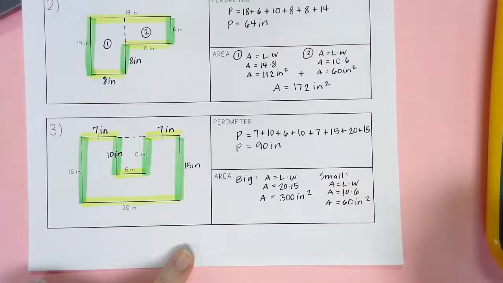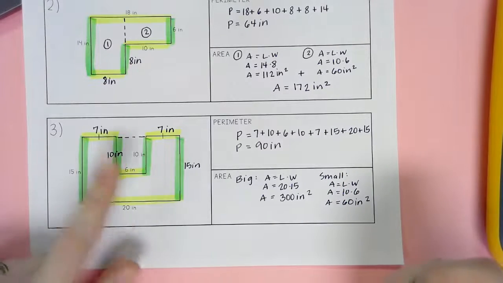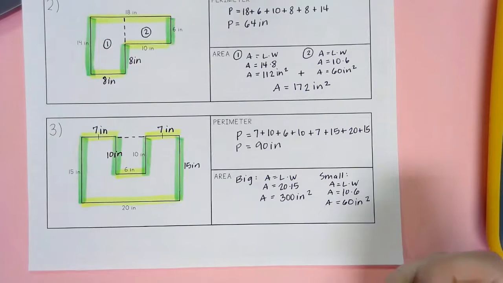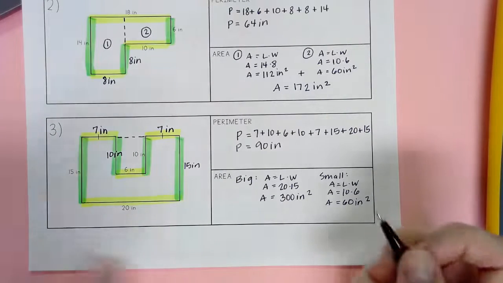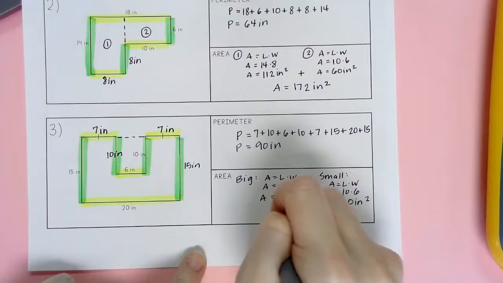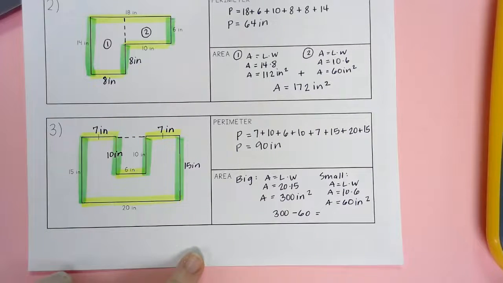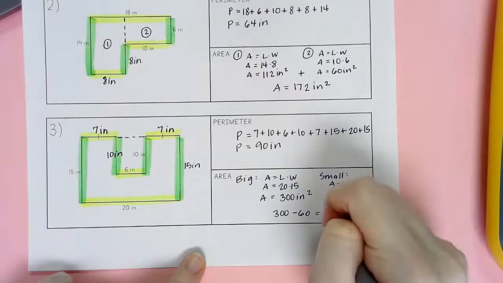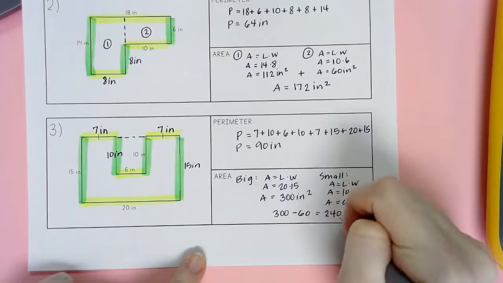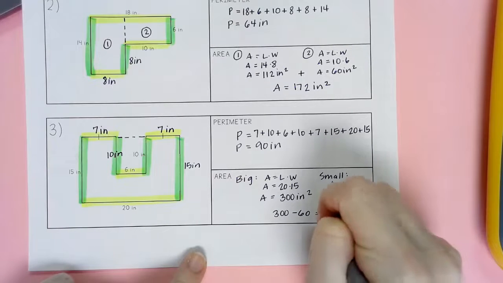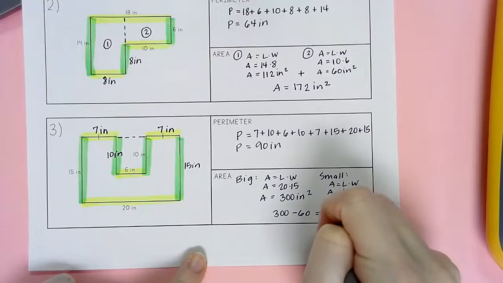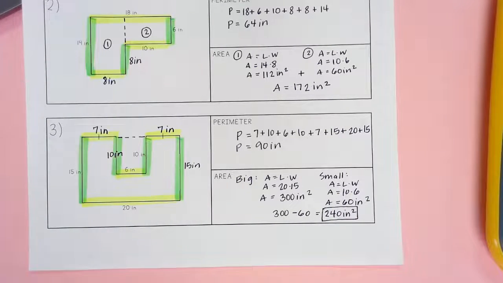So my last step, because I'm cutting out a piece of the shape, a piece of the cake, I'm doing 300 minus 60. And when I do 300 minus 60, that gives me 240 inches squared. I am finished. If you have any questions, just let me know.